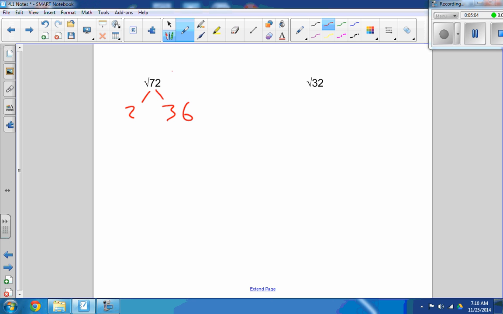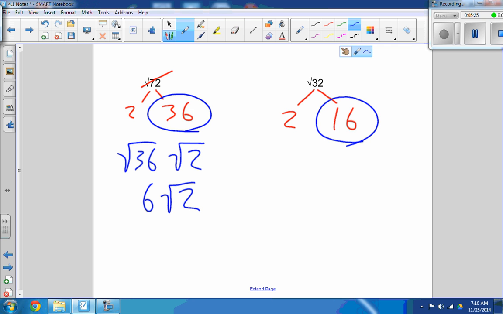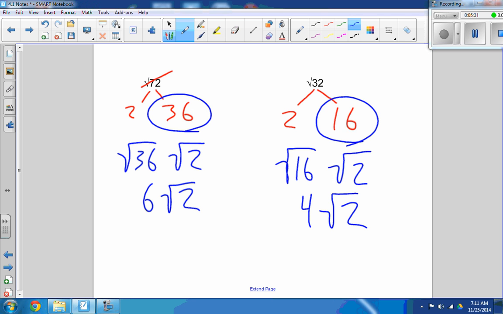And again, I'm good here because I know the square root of 36 is 6. So I'm left with 6 square root of 2. All right, square root of 32, 2, 16. I'm good here because I know the square root of 16 is 4. So 4 square root of 2. And that's the end of this lesson.